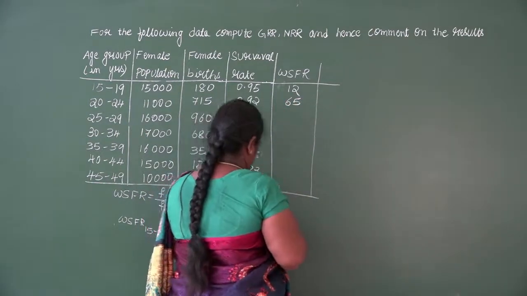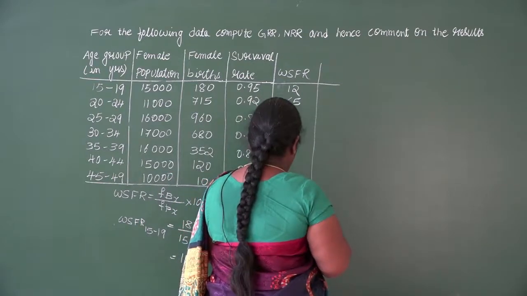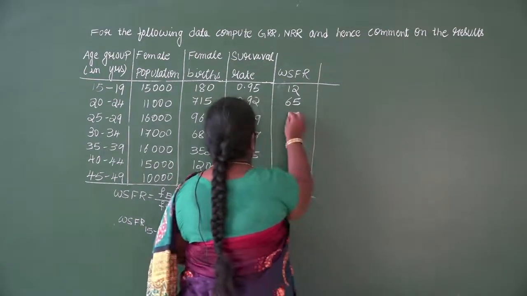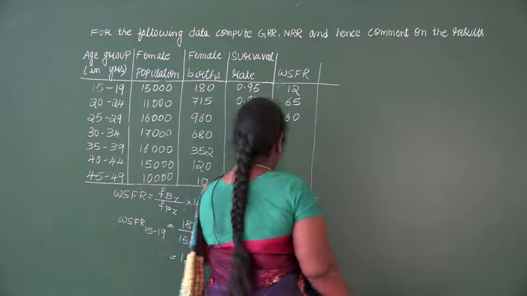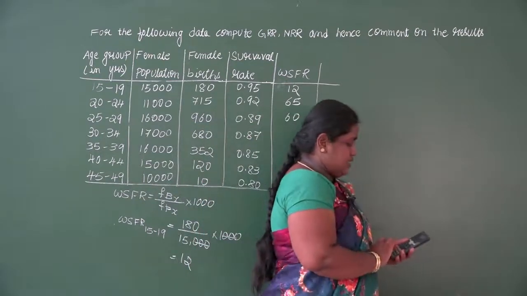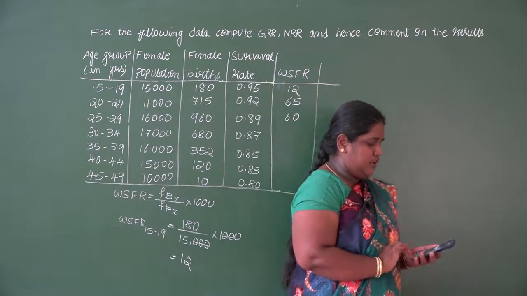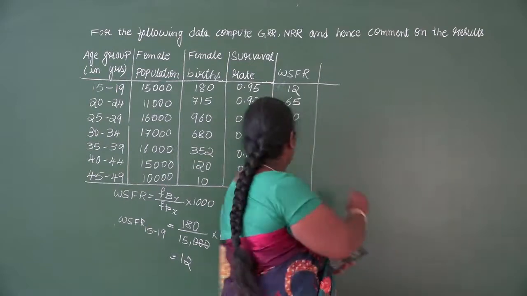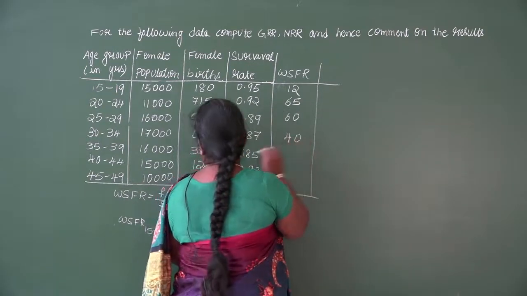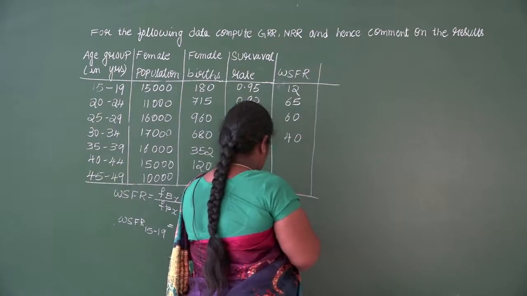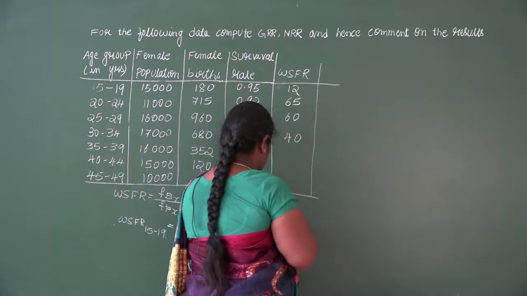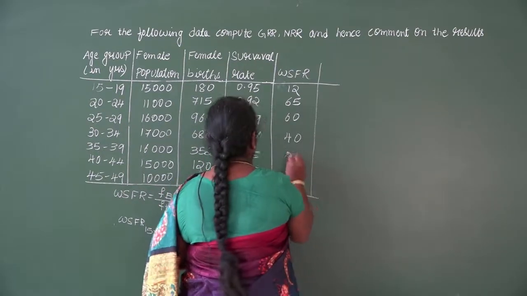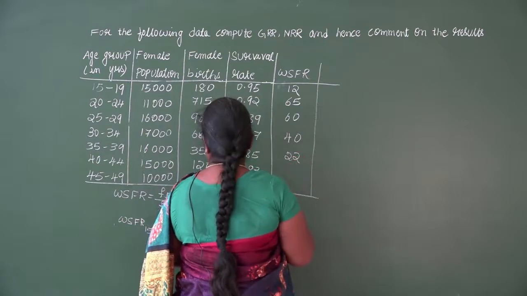Then 960 divided by 16,000 into 1000, 60. Next 680 divided by 17,000 into 1000, 40. 352 divided by 16,000 into 1000, 22.